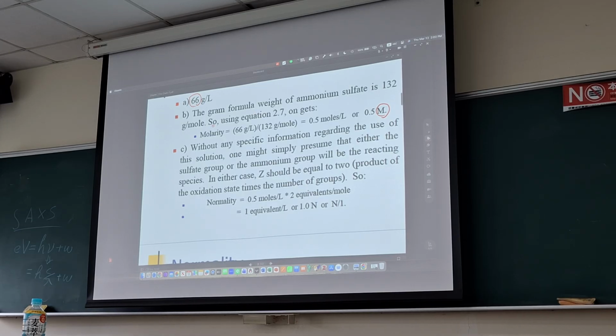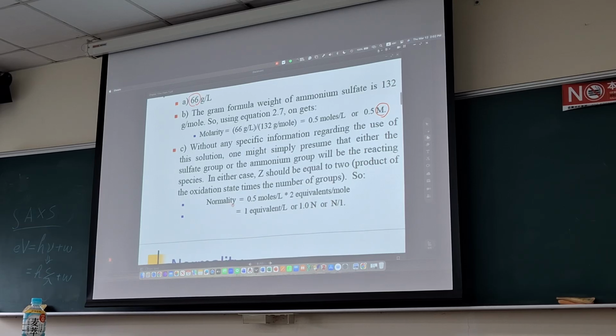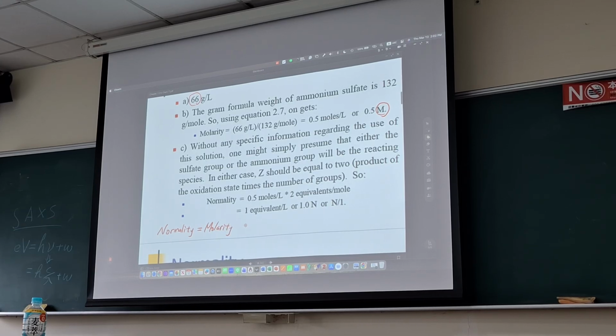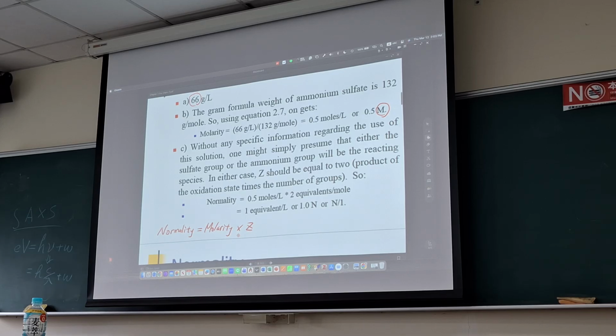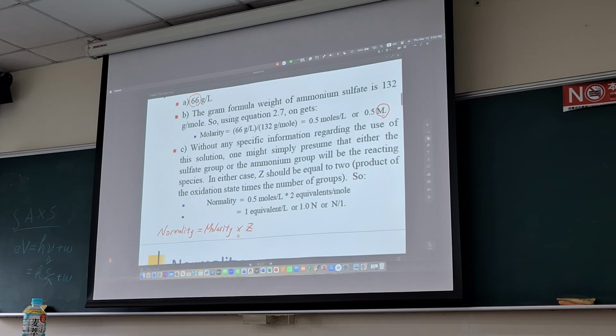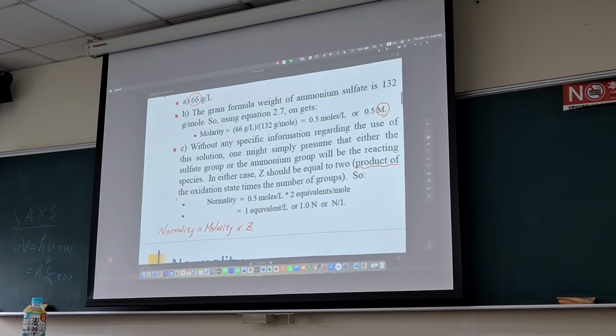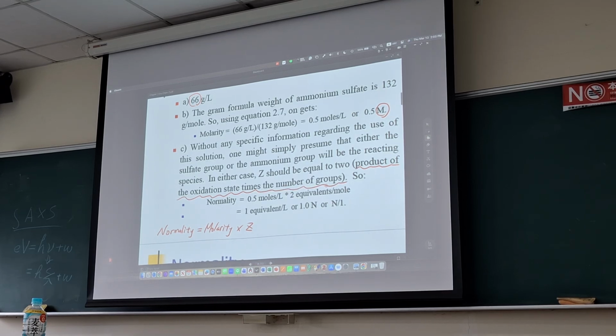Next, the normality. Let me give you the formula. The normality equals the molarity times Z. Z is the so-called equivalent factor, which means the product of the oxidation state times the number of groups.